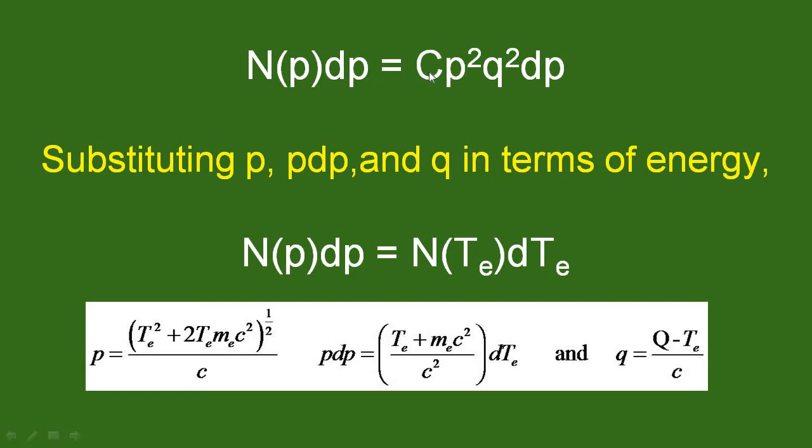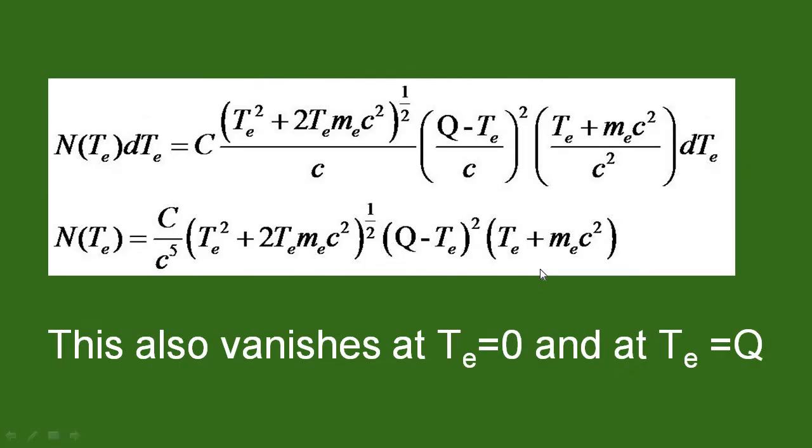So when you are substituting the quantities in the right hand side of this equation in terms of energy, this n(p) dp can be written as n(Te) dTe. So now you are substituting the corresponding values.